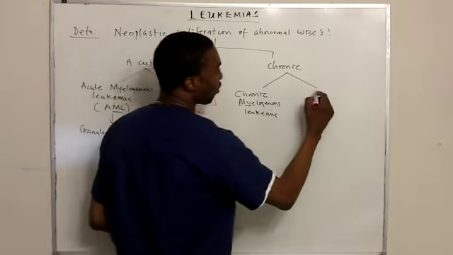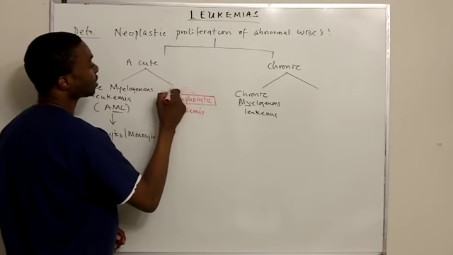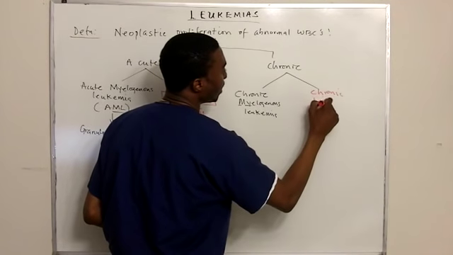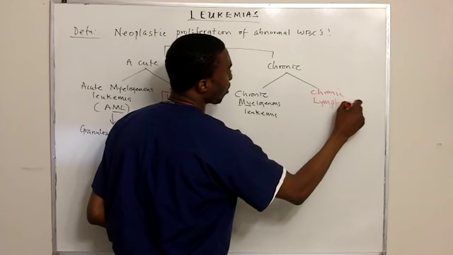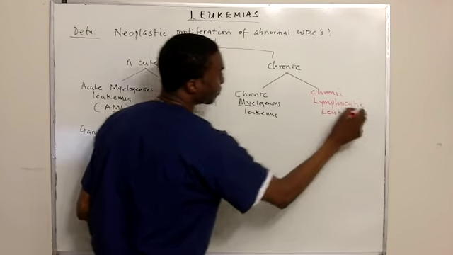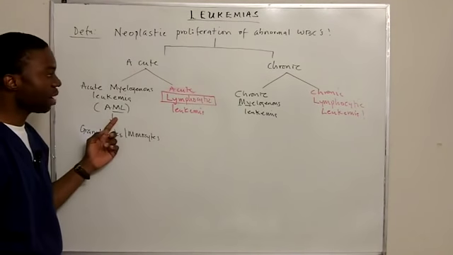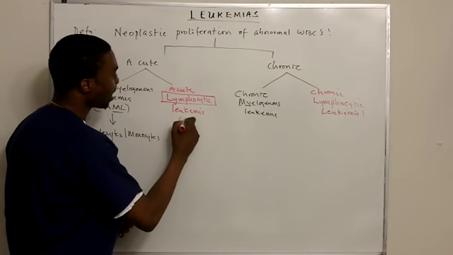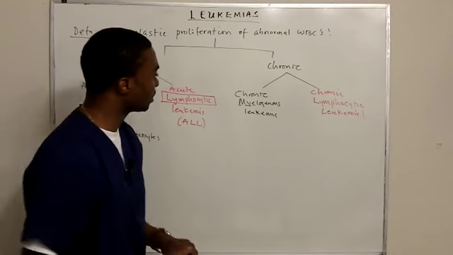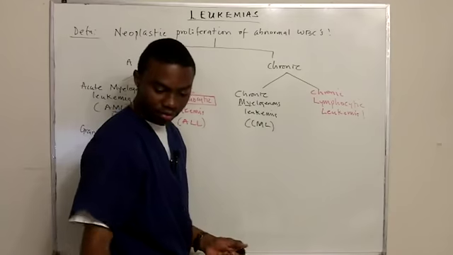And if it's a chronic form, this will be chronic lymphocytic or lymphoblastic leukemia. So those are the four kinds of leukemia that we have: AML, ALL, CML, and CLL.